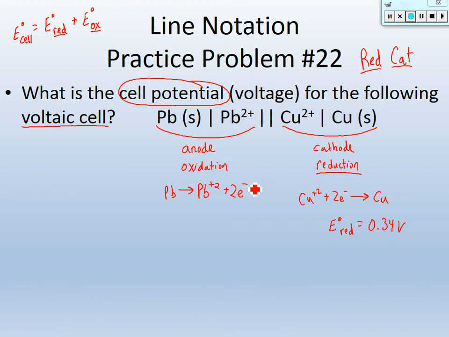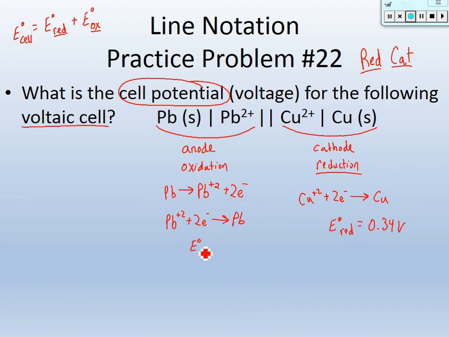But you're going to notice that on our reduction potential table, this is not going to appear. So in order to find it, we need to write it as a reduction, so it's going to be Pb2+ plus 2 electrons goes to Pb. But since I reversed it, now I've got to remember to reverse the sign. So let's find that one.